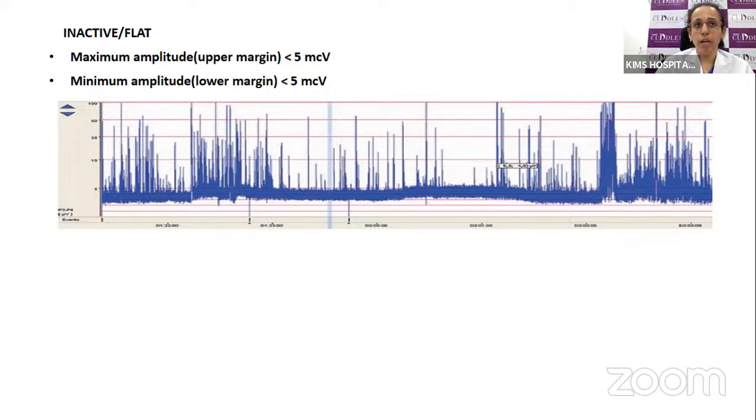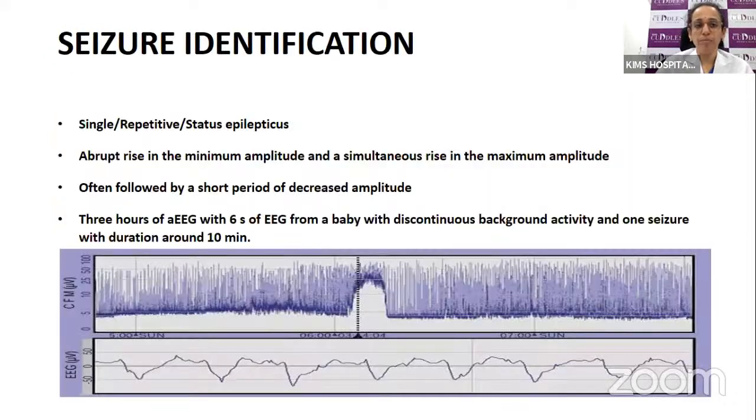These thalamocortical connections keep developing as the baby's gestation increases, and that is how the EEG is recorded per se. So if we see this kind of a graph, we can see that the electrical activity of the brain is very minimal, meaning the baby is completely encephalopathic.